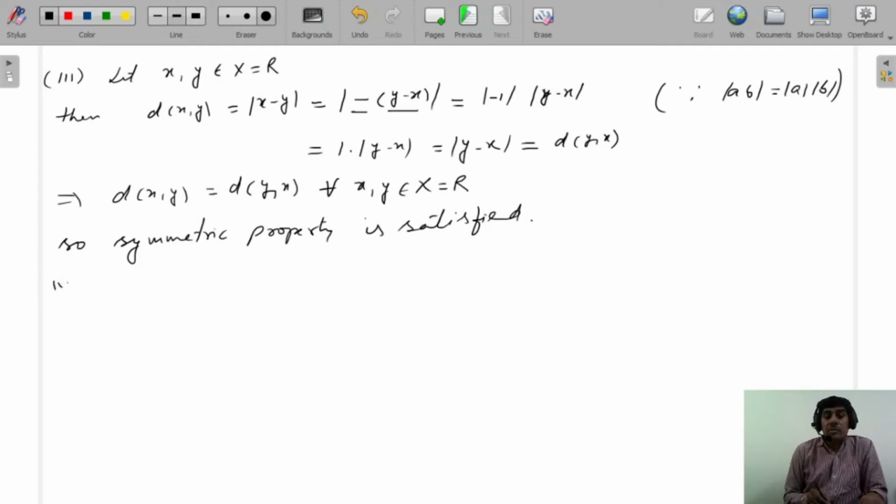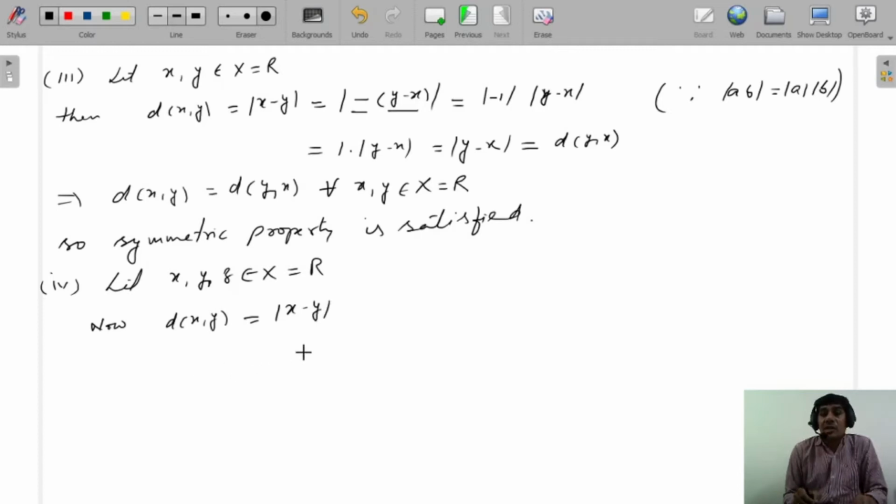The fourth property. Let x, y, z belong to capital X is equal to R. That means x, y, z are any three real numbers. Now d(x,y) is equal to modulus of x minus y by the given definition of D. We can write it as modulus of x minus z plus z minus y.